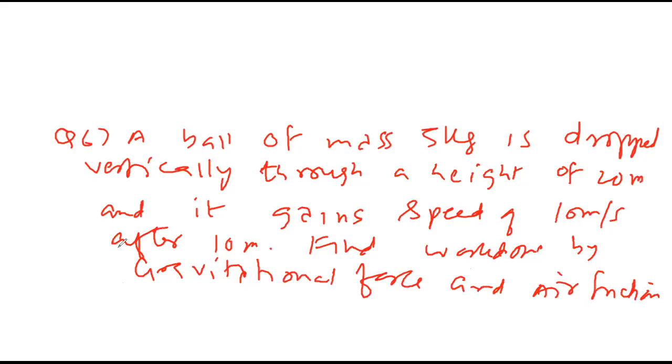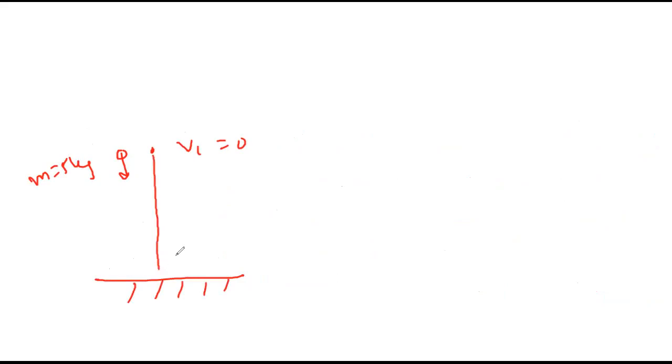Simply remember, work done by all forces is the change in kinetic energy. Just write the question, then I'm clearing this to explain it to you by diagram. Done, sir. A body of mass 5 kg is dropped, so initial velocity is 0, from the height of 20 meter total.